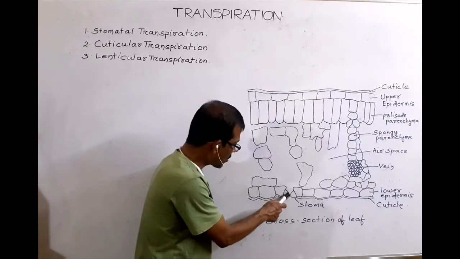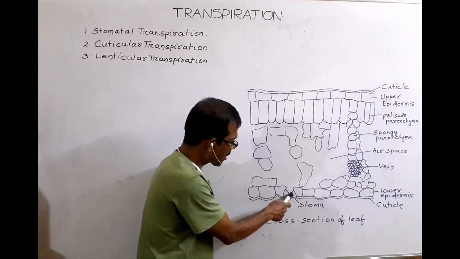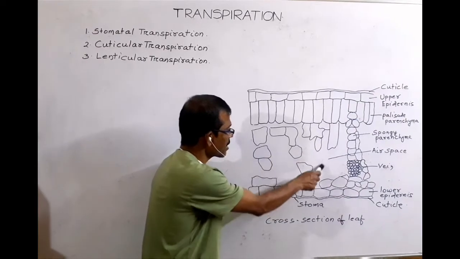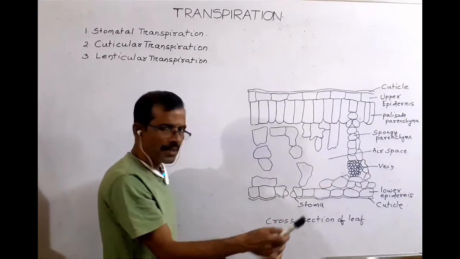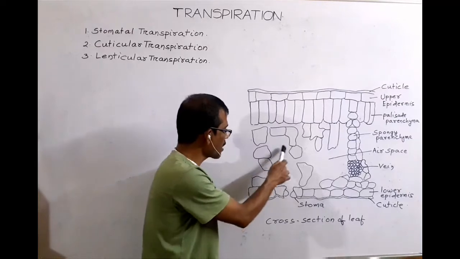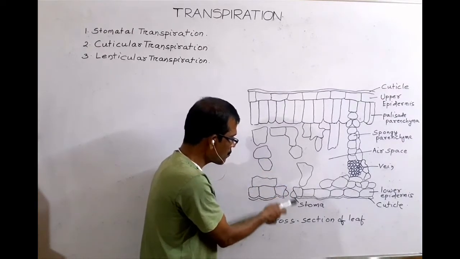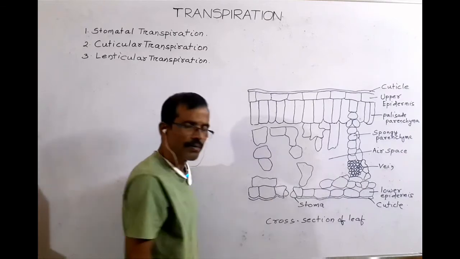And these are the two guard cells that constitute the stoma, and this is the substomatal air space. So in the process of transpiration, water vapor diffuses out into the atmosphere through the stoma.